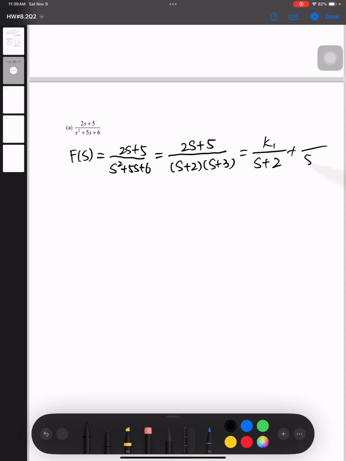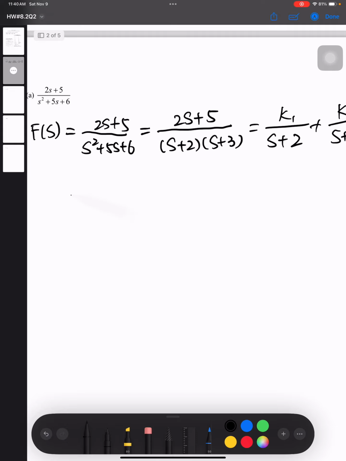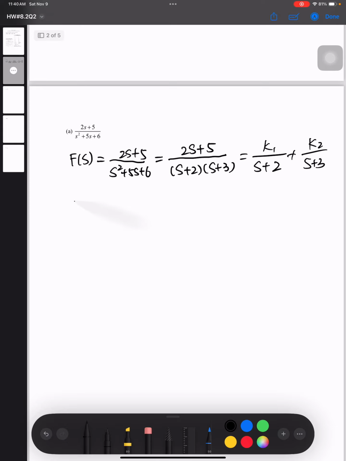And first we use the cover-up method to calculate the k1 and the k2, which is k1 equals to 2s plus 5 over s plus 2, s plus 3.